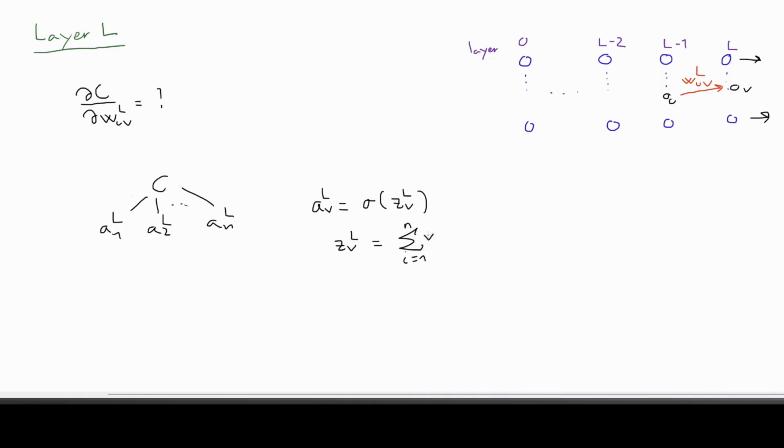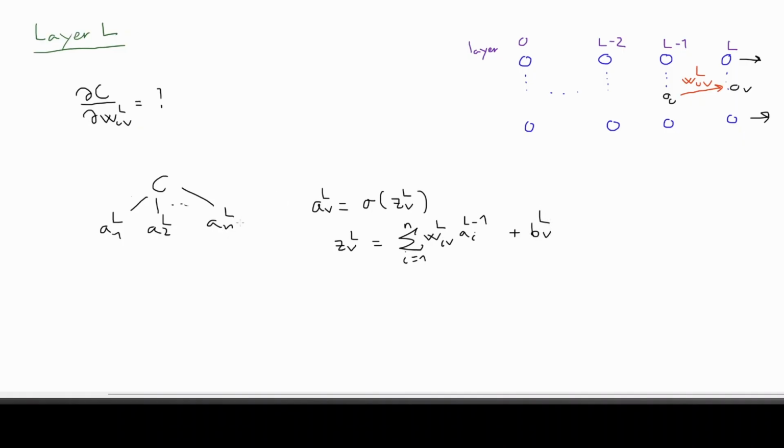So this would be the weight from an arbitrary neuron starting from the L-1 layer, going to neuron v at layer L, multiplied by the activation at the neuron from the previous layer. Then you just add an individual bias term.